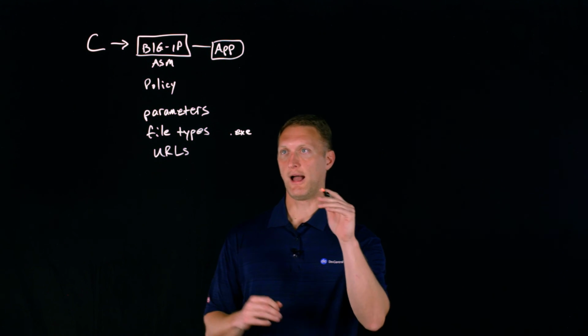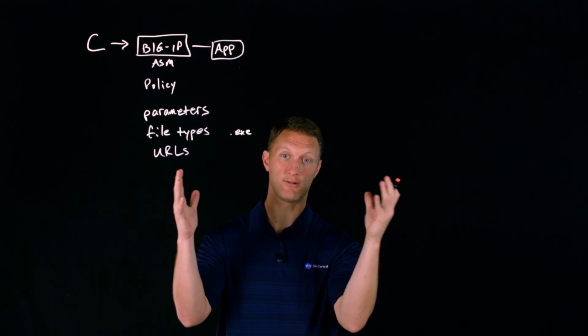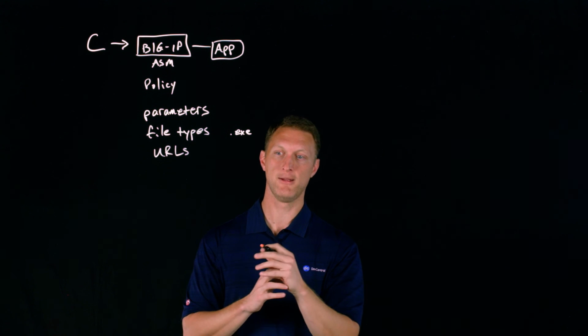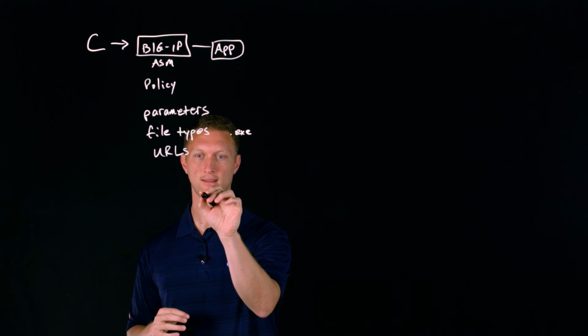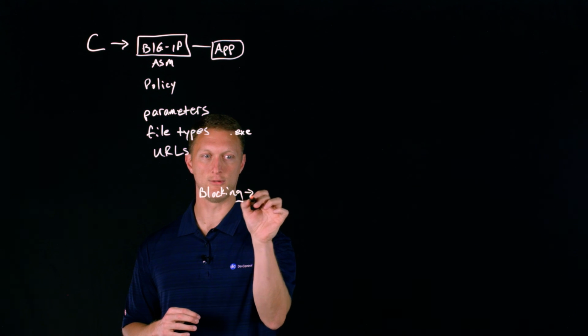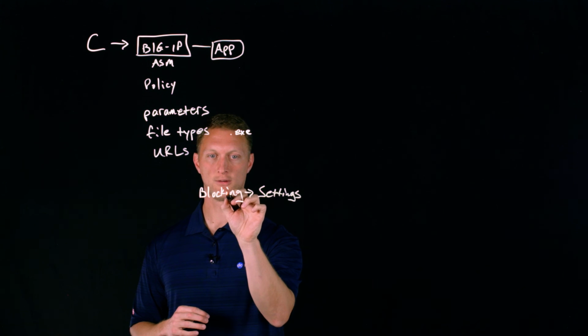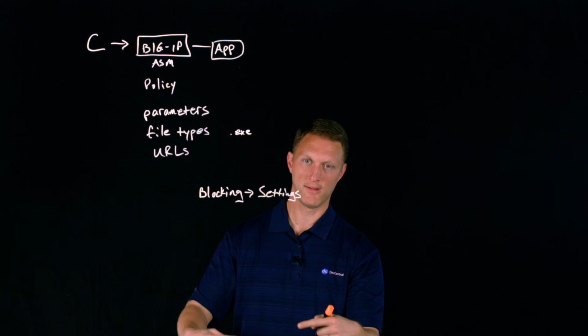I'm going to point us to the user interface, the GUI, when you're in the ASM. You can navigate over to blocking, and then go over to settings. Blocking settings has a whole host of different things.